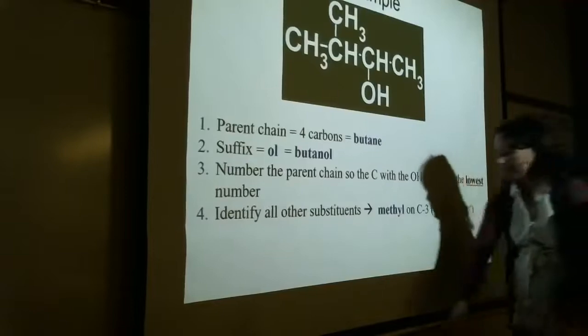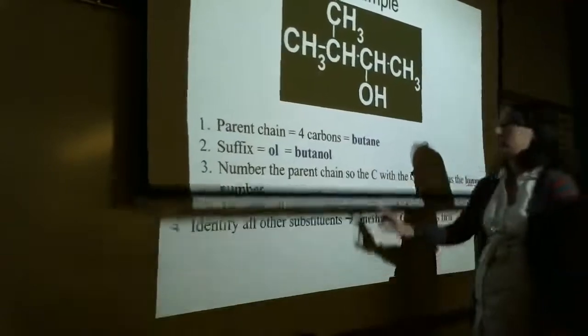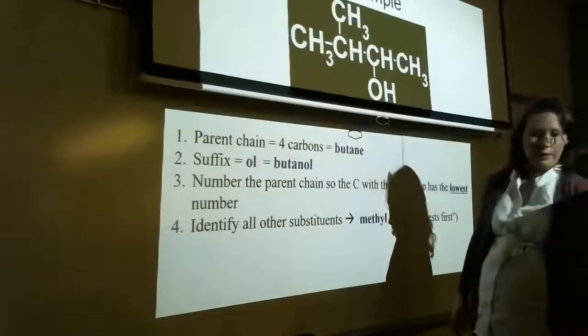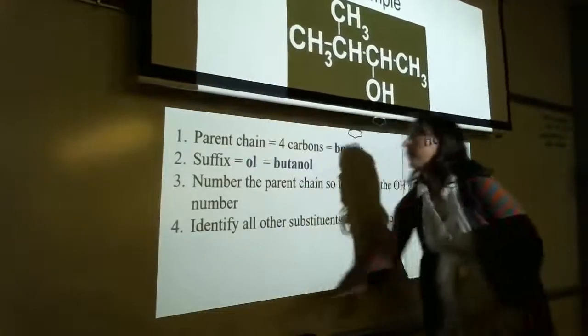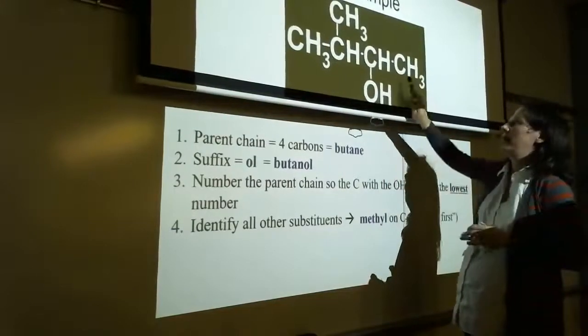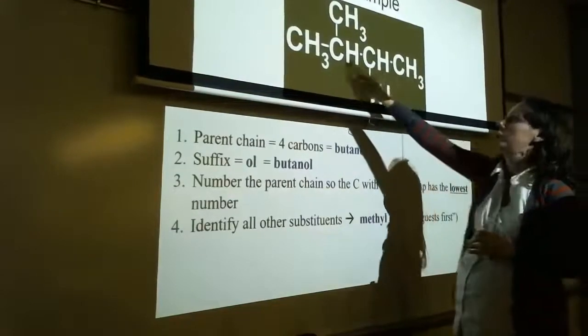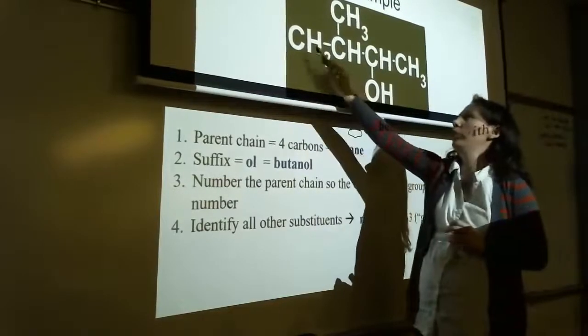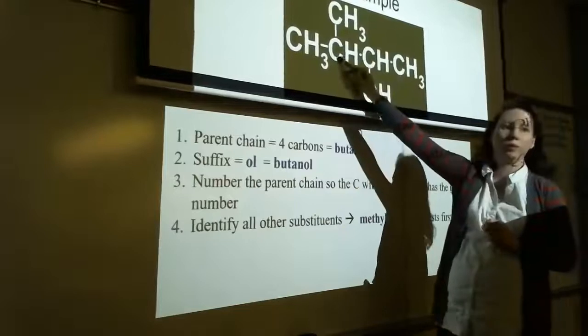So let's do this one together. This is a 4-carbon chain. Here's the choice. I could number it 1, 2, 3, 4 and have the OH get the lower number, or I can number it the other way and have the methyl group get the lower number.